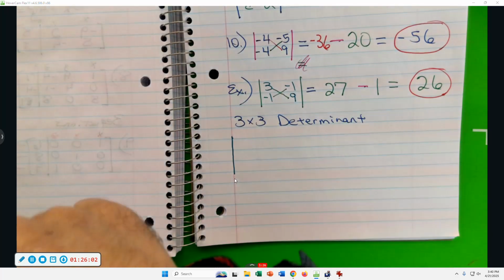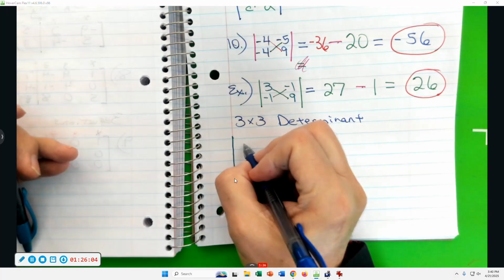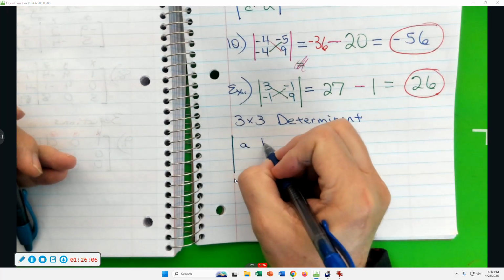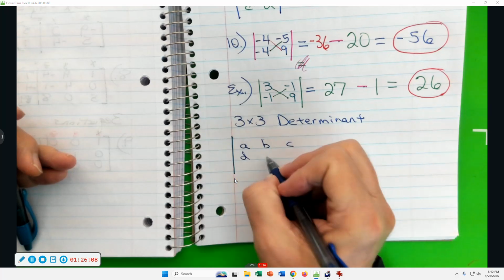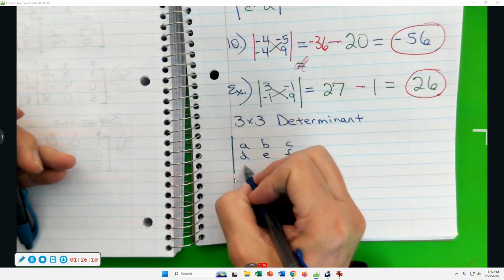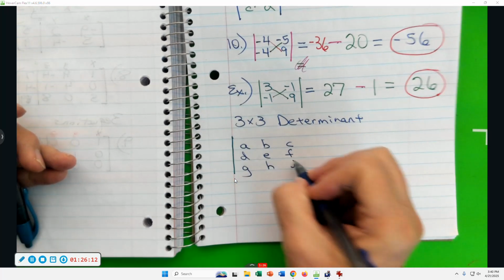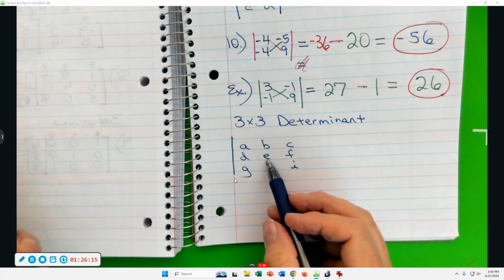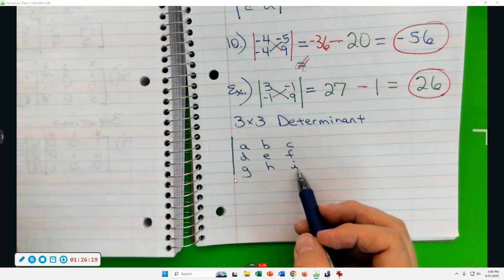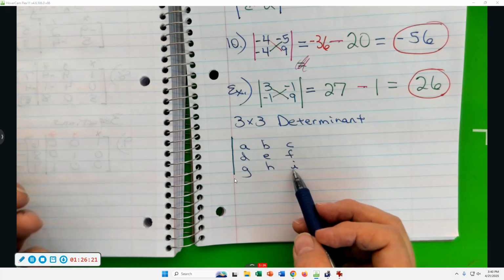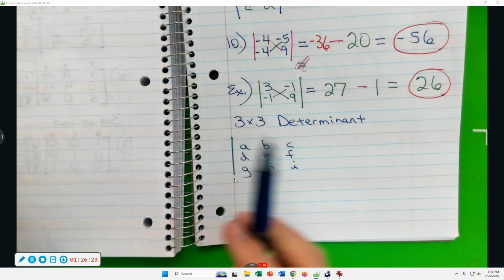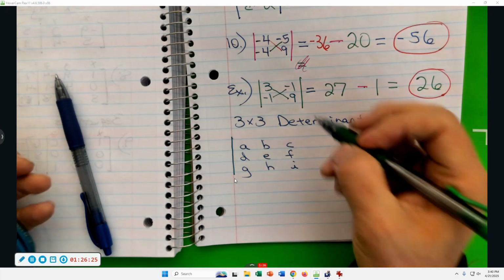So here we go. Now I'm just using A, B, C, D, E, F, G, H, I. That E is not representing the natural exponential, and I is not an imaginary number. It's just letters representing arbitrary real numbers.